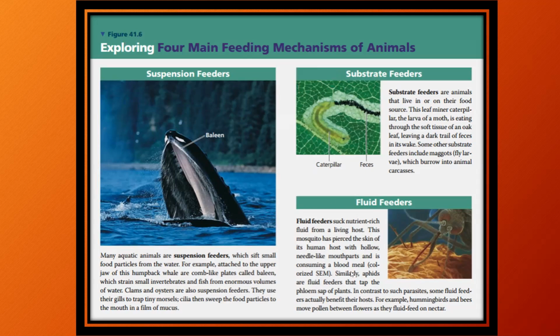You have fluid feeders, so organisms that are actually drinking your blood. So you could consider this kind of spiders. We'll get into that later. But you have organisms that are just taking blood. If you think about it, our blood is trying to transfer nutrients to all of our cells.